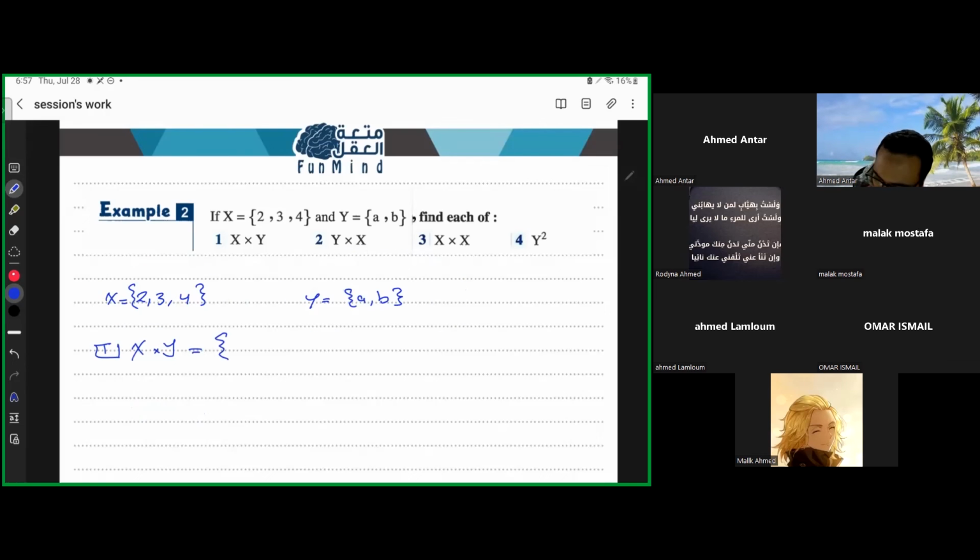Firstly, 2 with a, (2, a) and (2, b), then (3, a) and (3, b), and so on. Then (4, a) and (4, b).